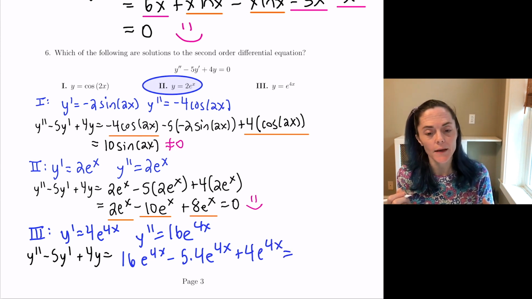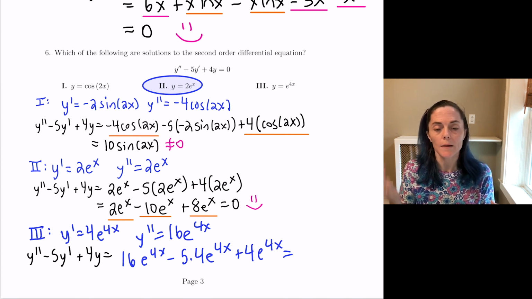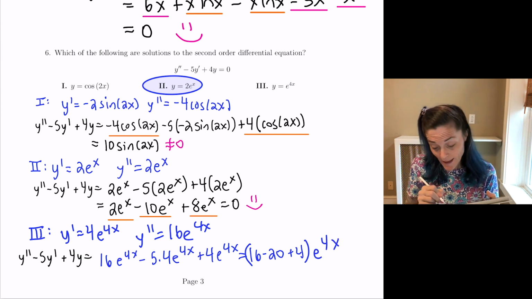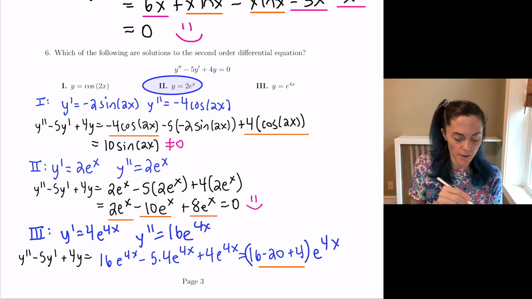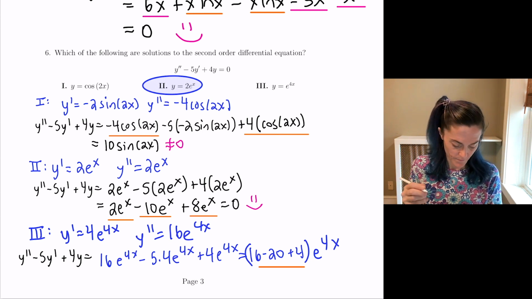Okay, what do we have here? Well, you notice I have 16 minus 20 plus 4 e to the 4x. If we add 16 minus 20 plus 4, we get 0. So here we have 0.